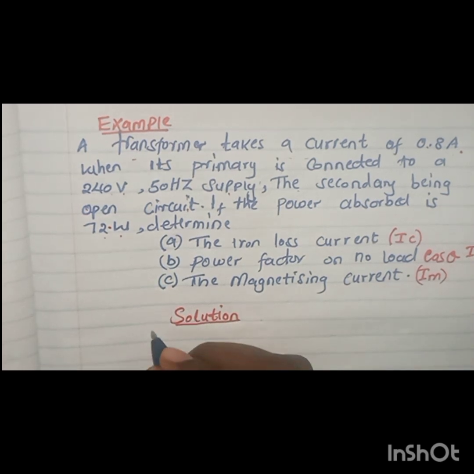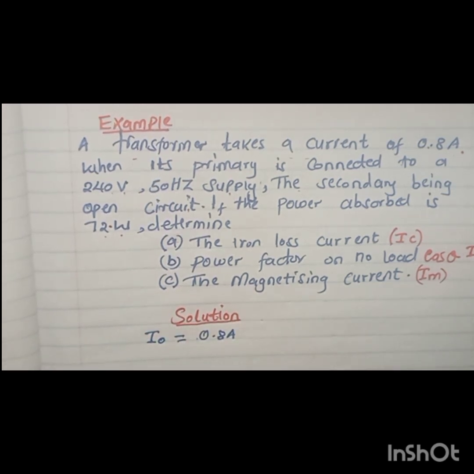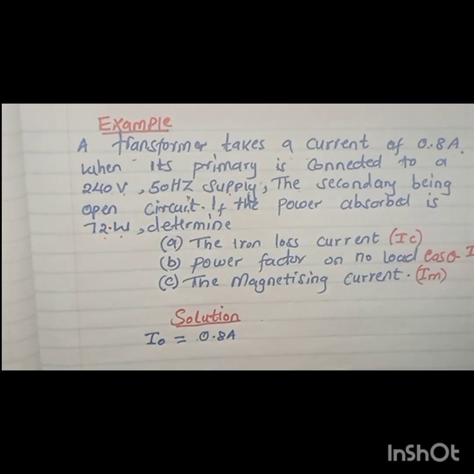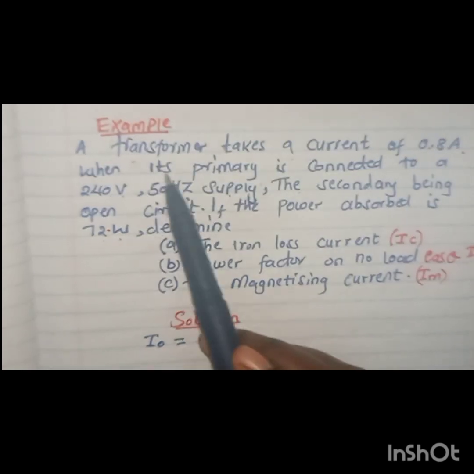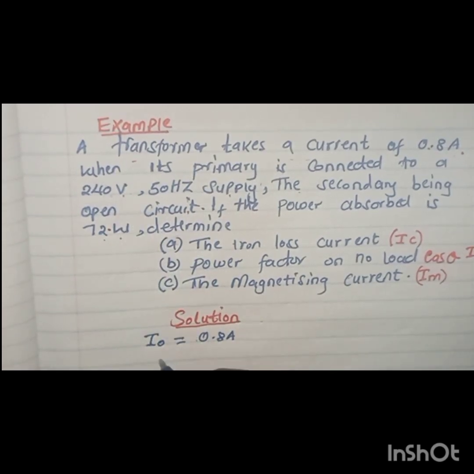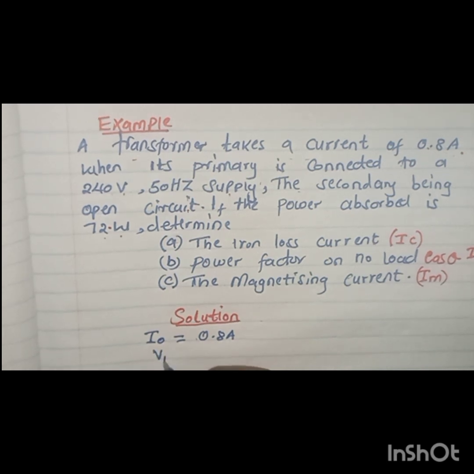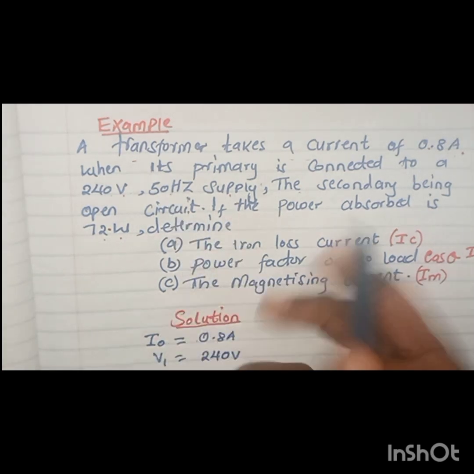So we have our I naught as 0.8 amperes because we are told the secondary is open circuit. Then its primary is connected to 240V, so this 240 is our V1, 240V, 50 hertz supply.